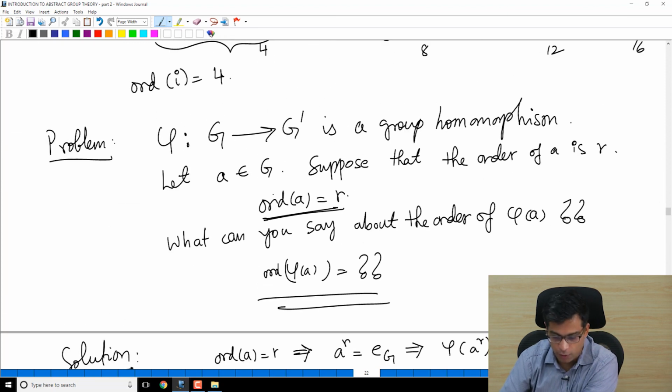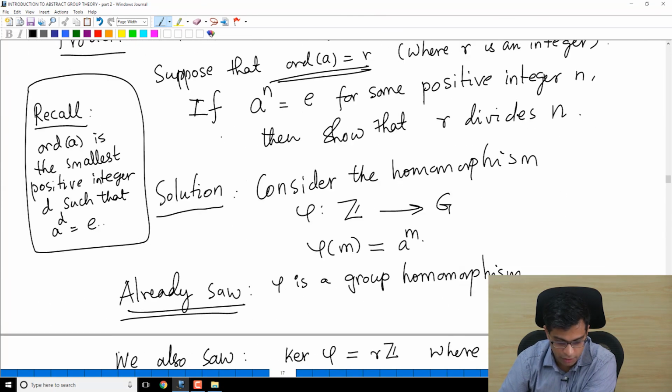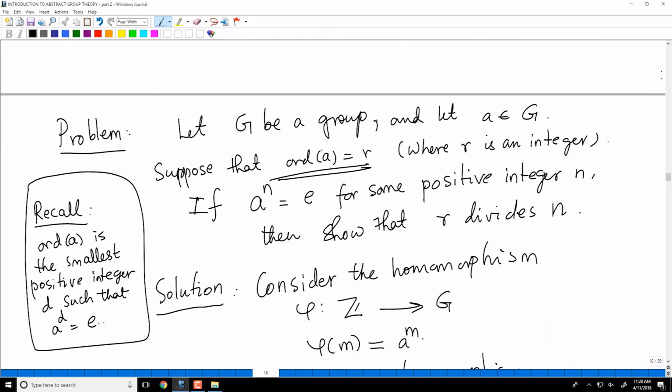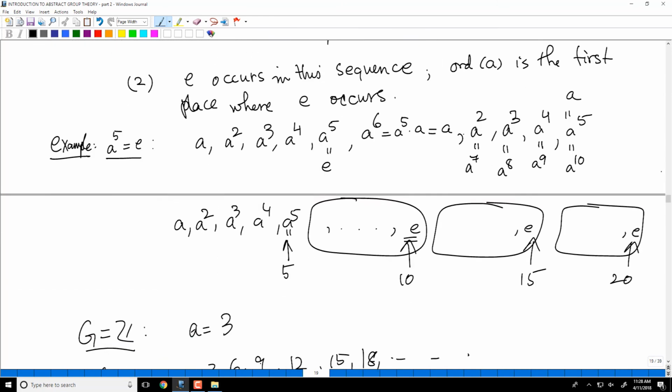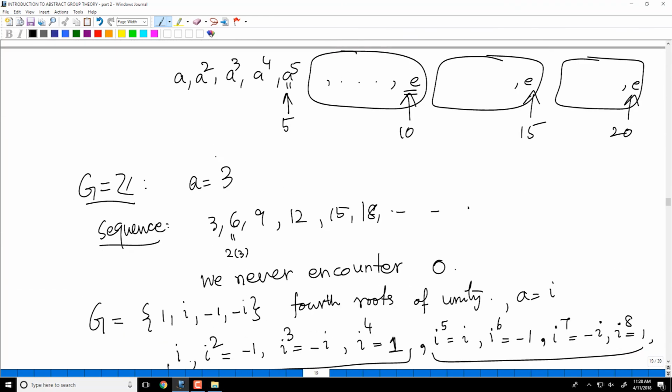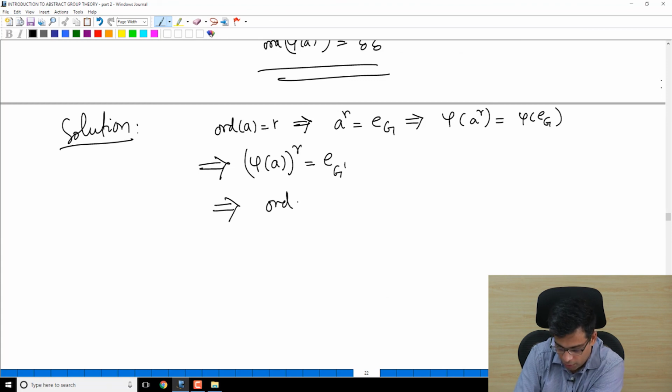By the previous problem, what is the previous problem? In any group, if A power n is E, then the order of A divides n. So here phi of A to the power R is E_G prime, so the order of phi of A, whatever it is, divides R. That is all we can say.